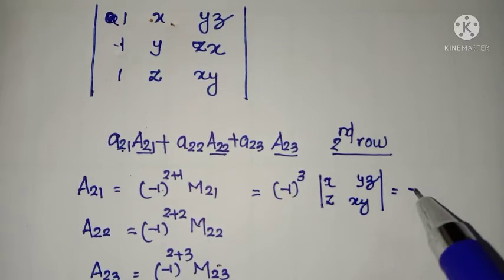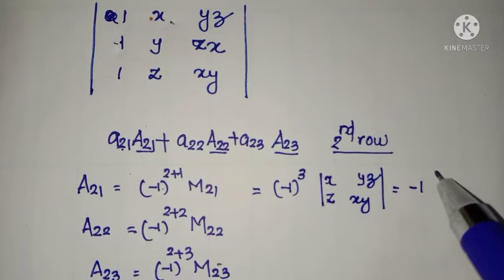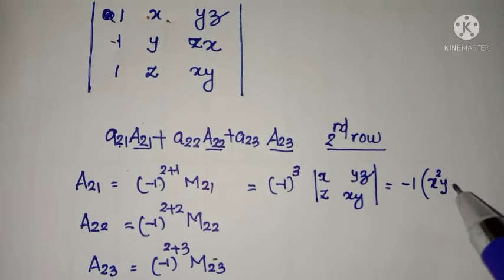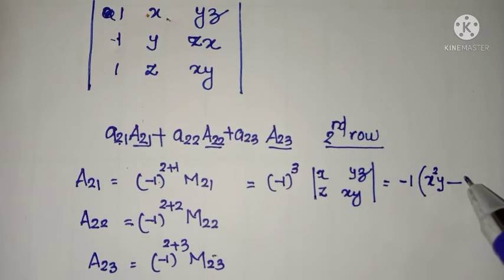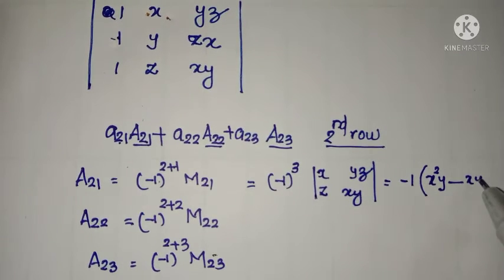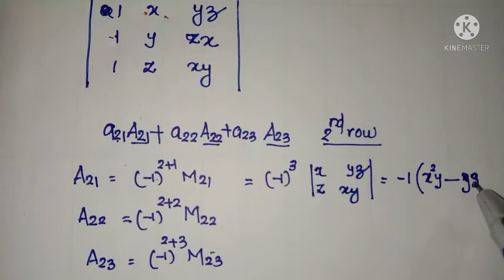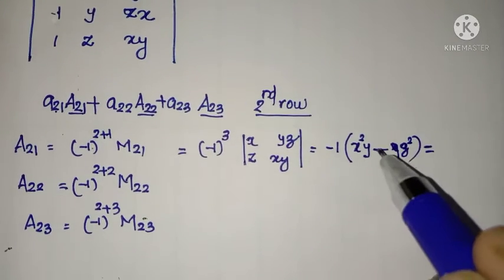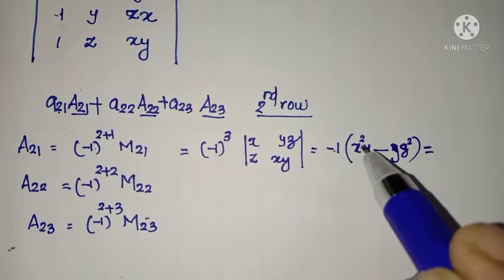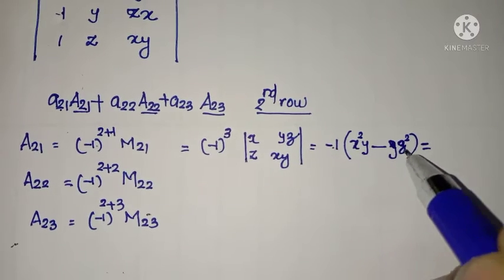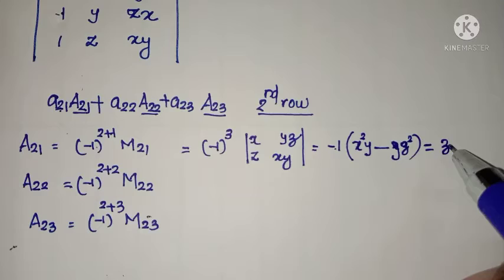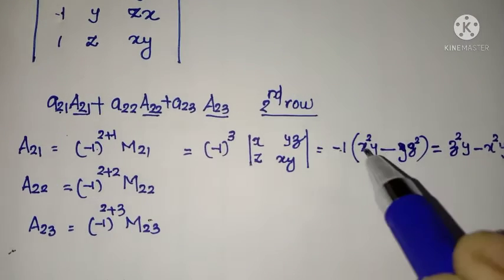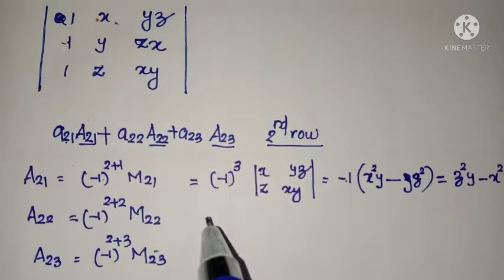And this is equal to minus 1 into x into xy, that is x square y, minus y z square. And here minus 1 into x square y minus y z square can be written as z square y minus x square y. Okay, just open the bracket.